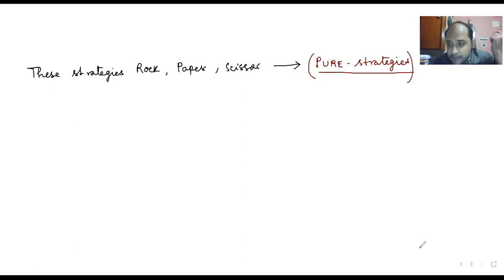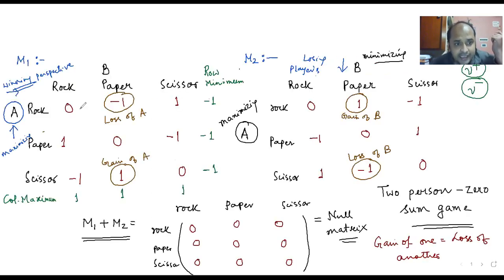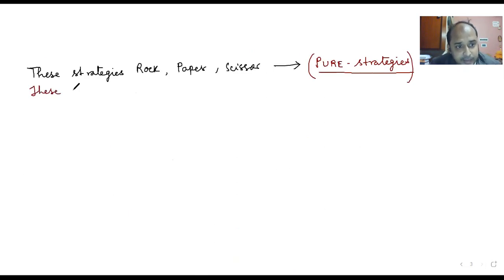The matrix elements. What are the matrix elements? 0, -1, 1. These are the matrix elements. You see, these matrix elements are called payoffs.